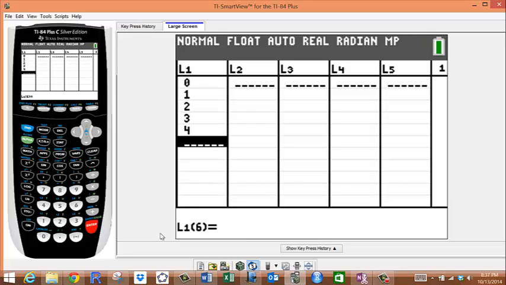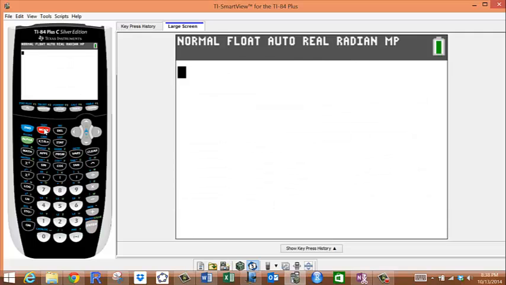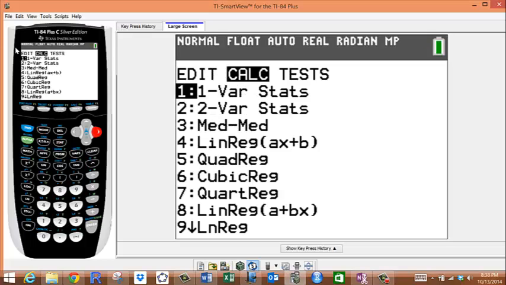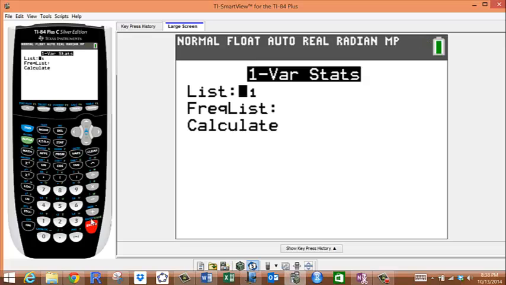All right, and then arrow over, and we'll type in our probabilities here: 0.1, 0.5, 0.05, 0.25, and 0.1. All right, so here's all there is to getting the mean. We just go to quit there, and then we're going to go to Stat. We're going to go over to one variable stats, and our list is L1.